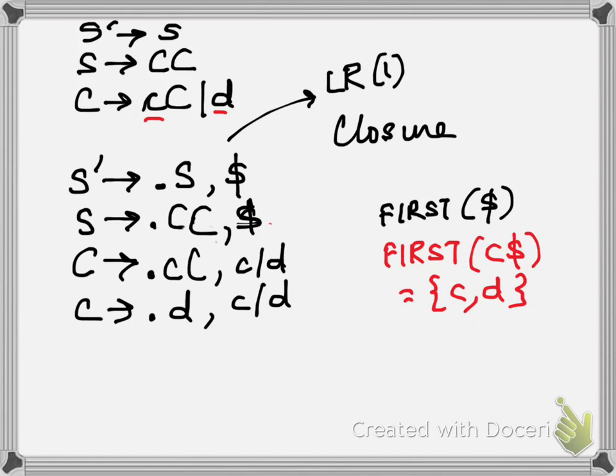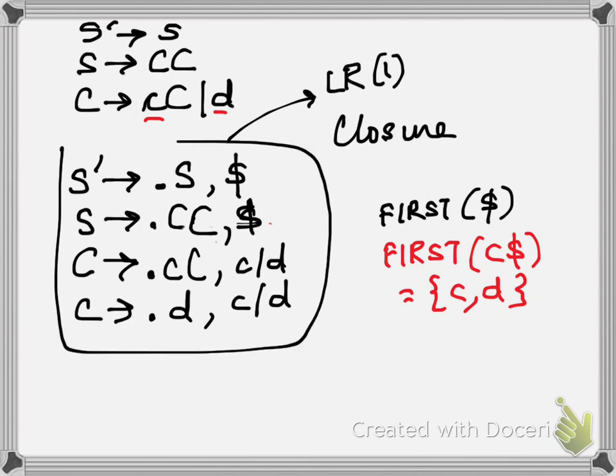So this is my LR1 item number 1. I cannot expand anymore because C here is a terminal symbol. Similarly, D here is a terminal symbol. So I cannot expand anymore. So this is my first set of LR1 items.